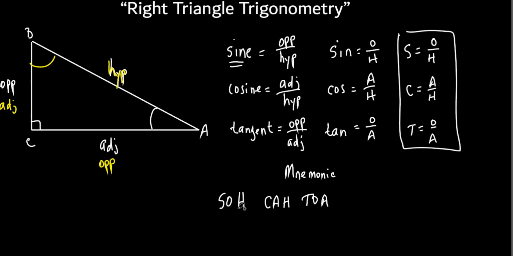The word SOH doesn't really mean anything, but if you remember SOH, CAH, TOA, that tells you that the sine is the opposite over the hypotenuse, the cosine is the adjacent over the hypotenuse, and the tangent is the opposite over the adjacent. We're going to learn about that today. So that's something that's very nice to use.